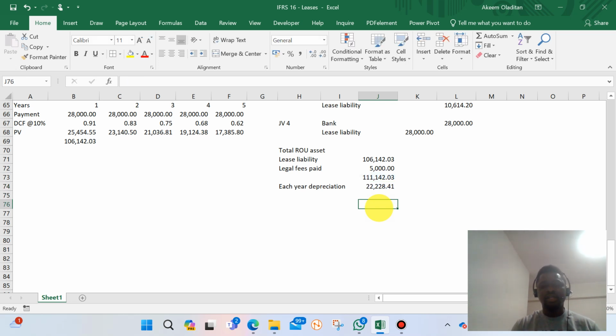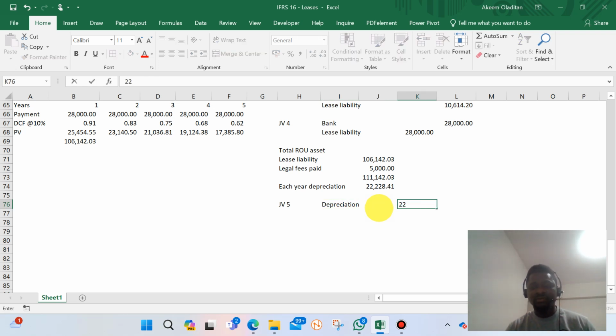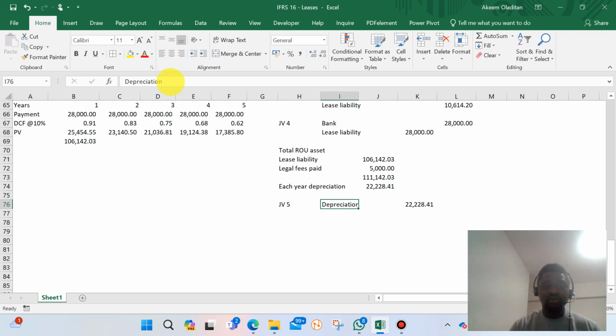So in each year, our next journal, which is JV5, will be depreciation, which is 22,228.41, and you know that depreciation goes to the profit and loss account, while we credit accumulated depreciation.